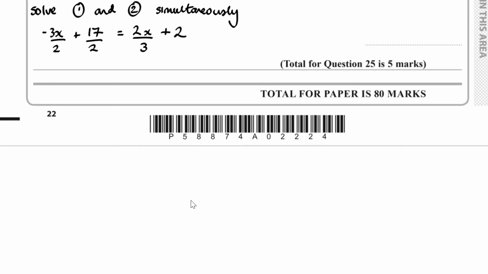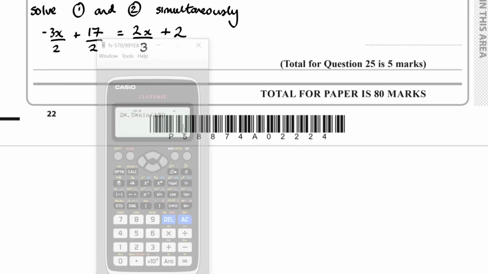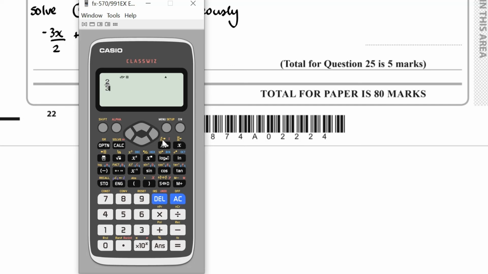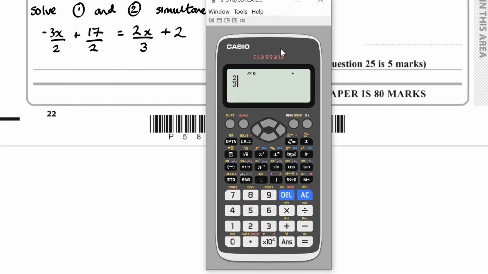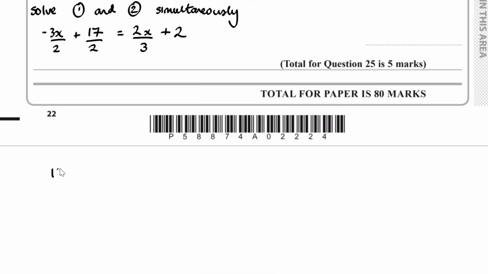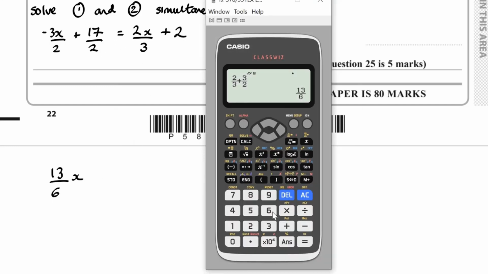Well, if we gather all the x's on one side, so here we've got 2 over 3 plus 3 over 2, so that's 13 over 6. So here we've got 13 over 6 x, and then if I take 2 from 17 over 2, I get 13 over 2.